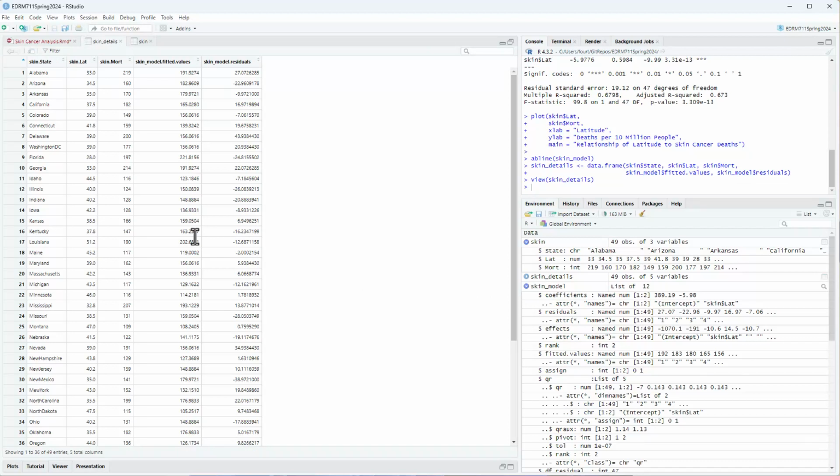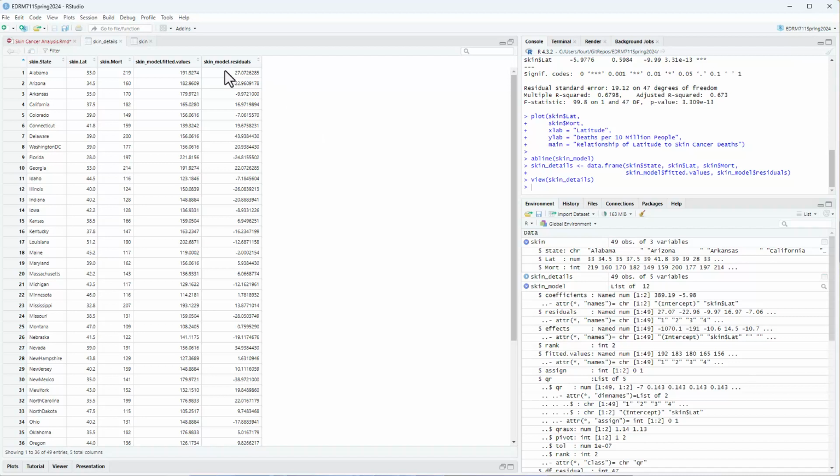So now we can see that we predict, for instance, for that first state, Alabama, a mortality of 192, but it was actually 219. I'm not going to keep saying each time that this is per 10 million people, but it is. So 192 we predicted, but it was actually 219.